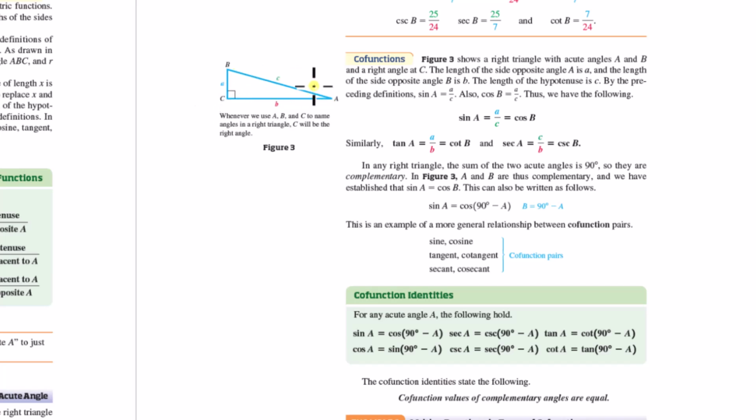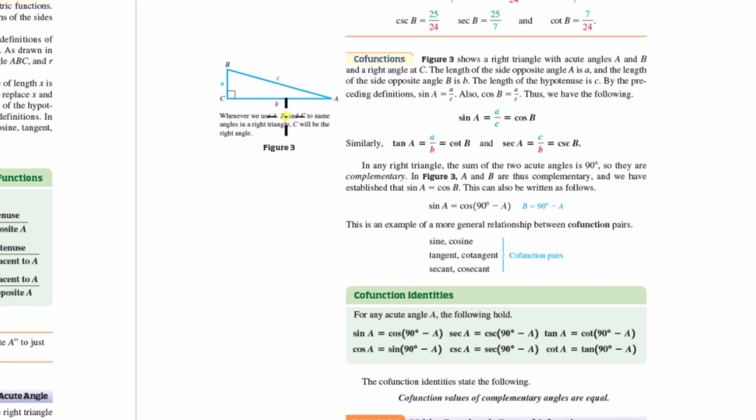And with that, if you think about evaluating the trig function of the acute angles, capital A or capital B, the sine of capital A is opposite over hypotenuse, a over c. But then what trig function would we need to take of angle B to also get a over c? Well, that would be cosine of capital B. So sine of capital A is equal to cosine of capital B because both are a over c, right? So they write this here.